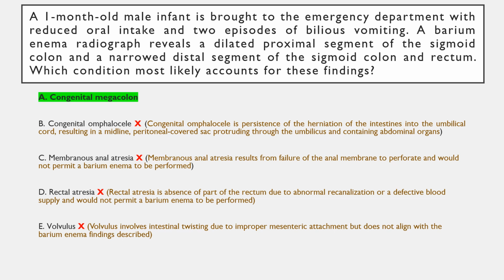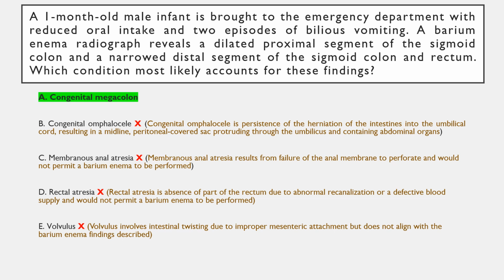B. Congenital omphalocele is persistence of the herniation of the intestines into the umbilical cord, resulting in a midline peritoneal covered sac protruding through the umbilicus and containing abdominal organs.